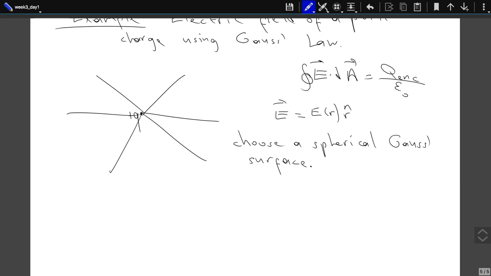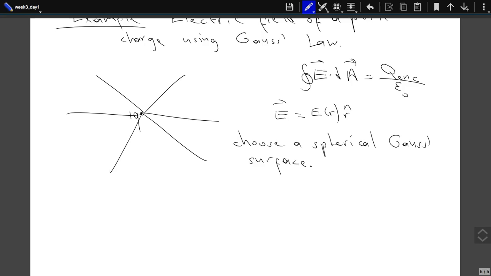Now, without first claiming this, you cannot choose a spherical Gauss surface. You don't know which surface to choose, basically. Because for a rectangular prism, the electric field will change from point to point on my surface. E dot dA will change from point to point on my surface.